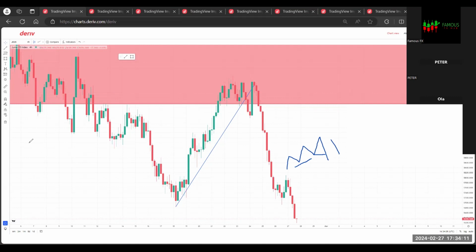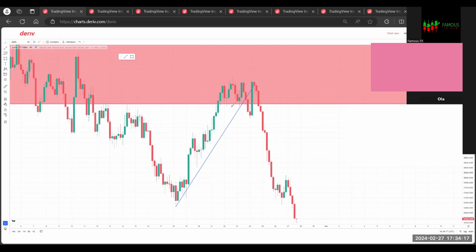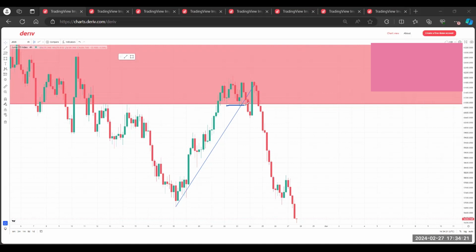So that is another thing I saw here, which boosted my confidence to take this particular trade. I had this low here that was taken out. This gave me a change of character, right here, after price broke this trend line.